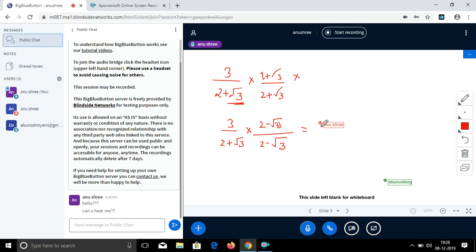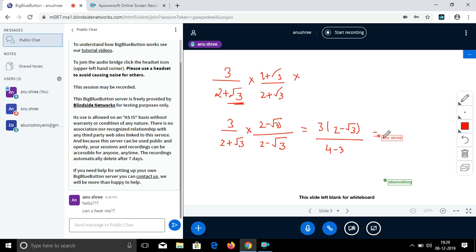So when you do that, you get 3 multiplied by 2 minus root 3 divided by 2 plus root 3 multiplied by 2 minus root 3, which gives you 4 minus 3, that's 1.